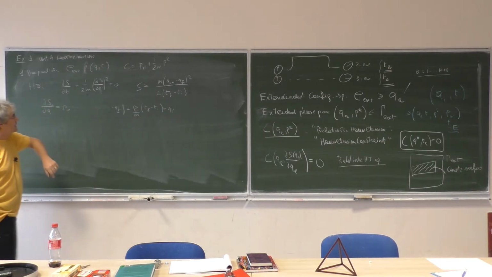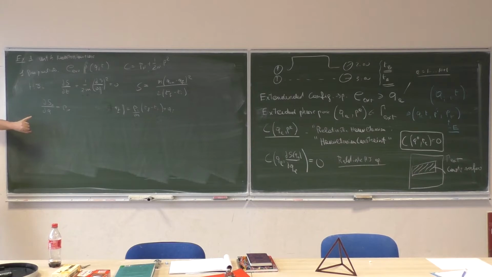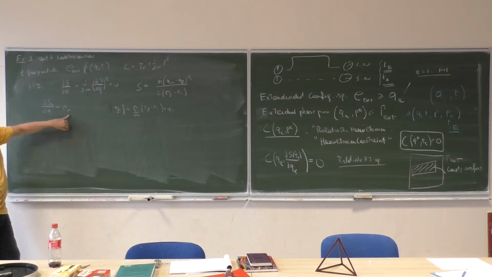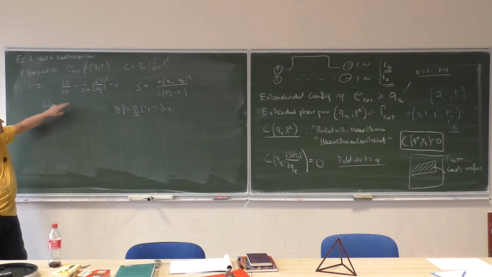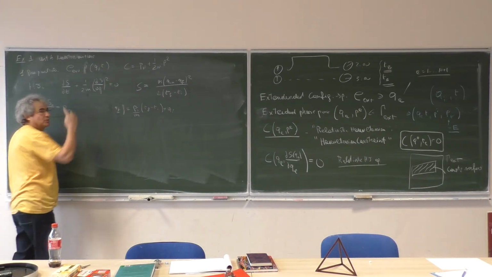Okay, but of course you don't need to revert. The crucial point is that this equation here gives a relation such that, given initial position and momentum, you get a relation between q and t at all times.